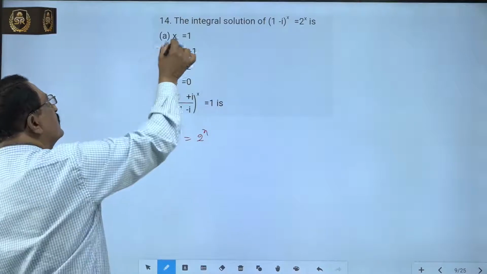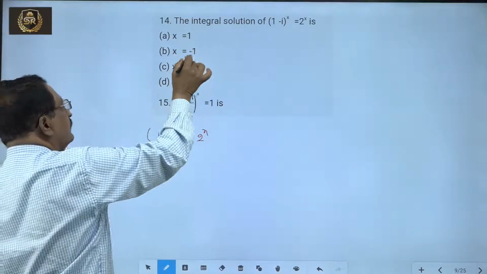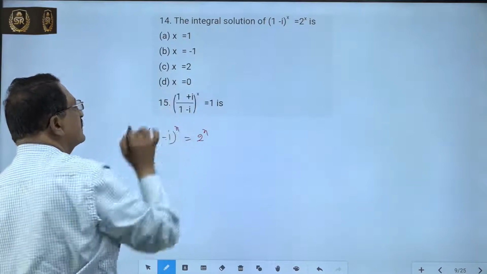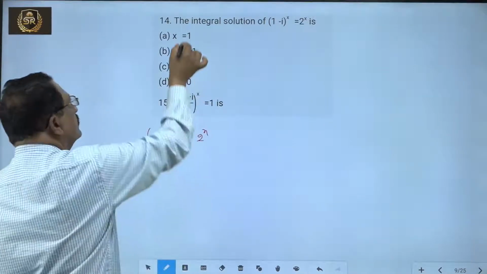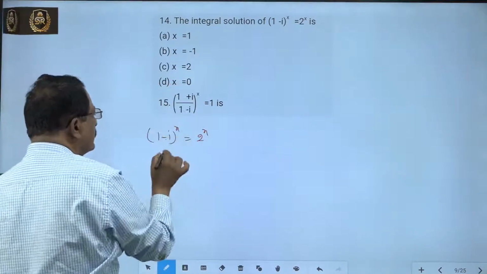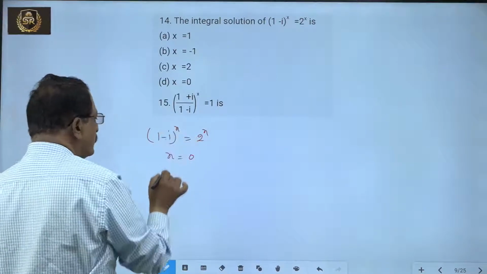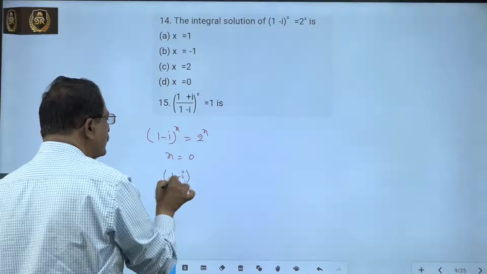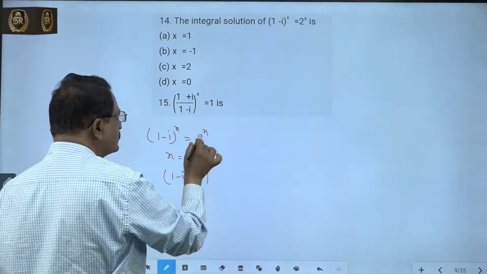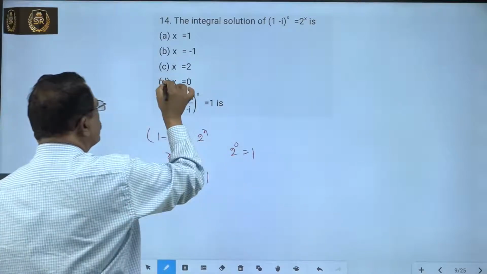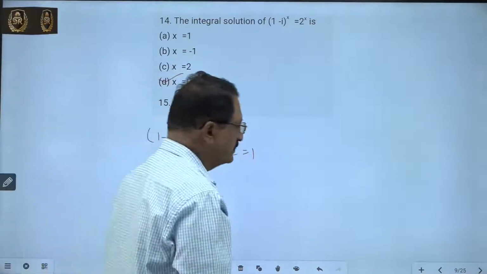Now here given options: x equals 1, x equals minus 1, x equals 2, x equals 0. Now verify options. Suppose x equals 0, 1 plus i whole to the power of 0, any power 0 equals 1, 2 power 0 also 1. Therefore the fourth option is satisfied.